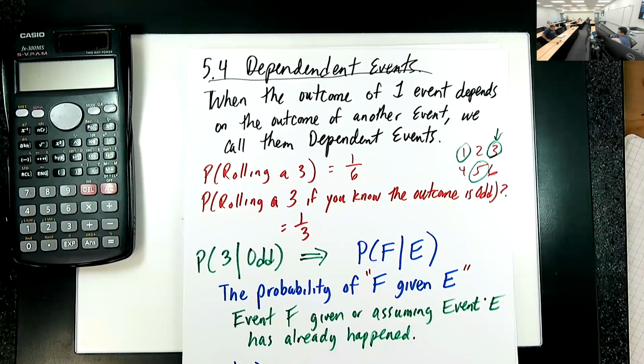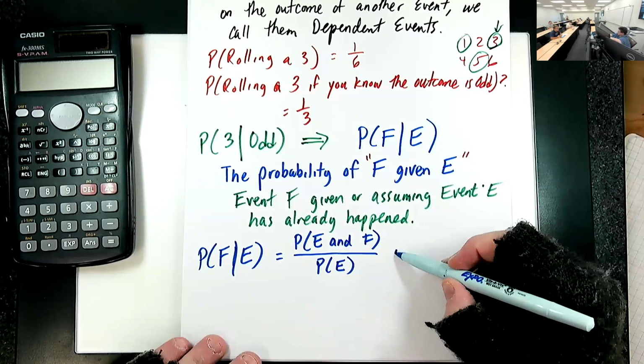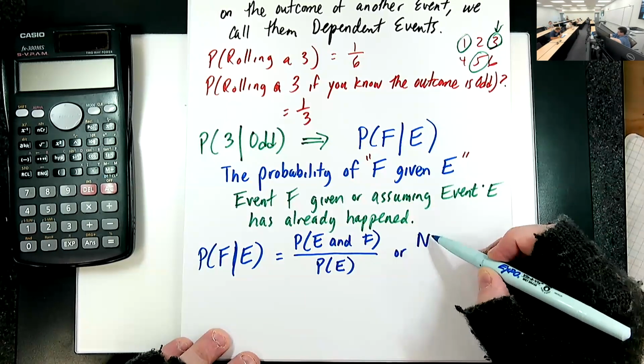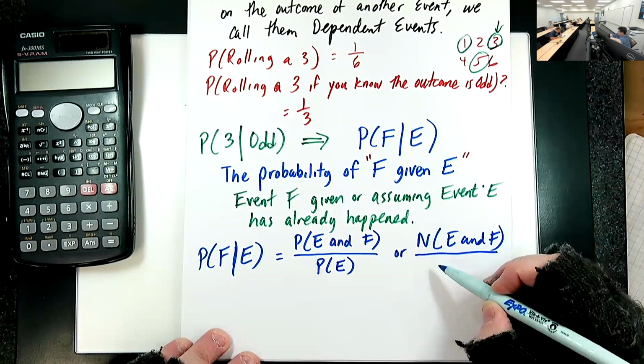Probability of F given E equals the probability of E and F over the probability of E. Another way of writing this is the number of outcomes in E and F over the number of outcomes in E.